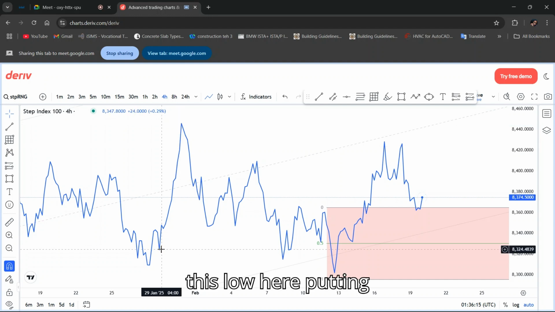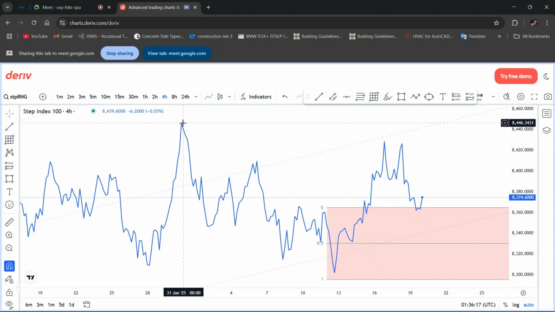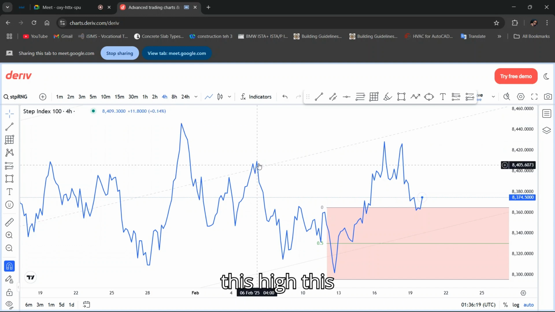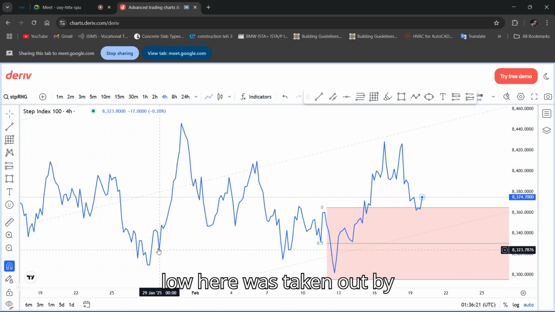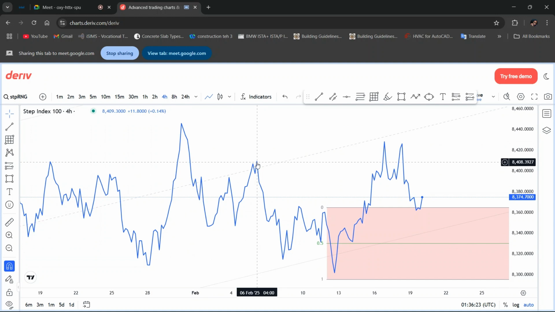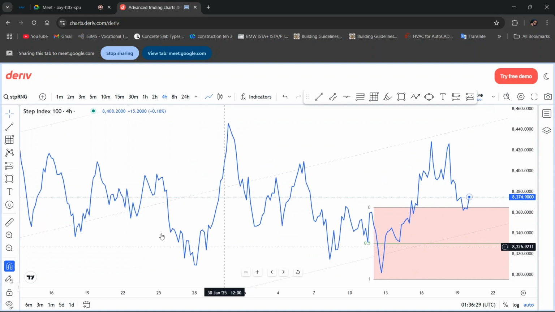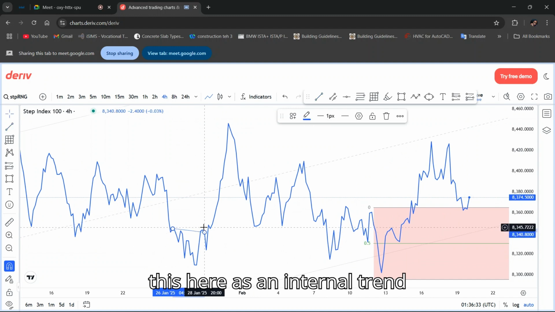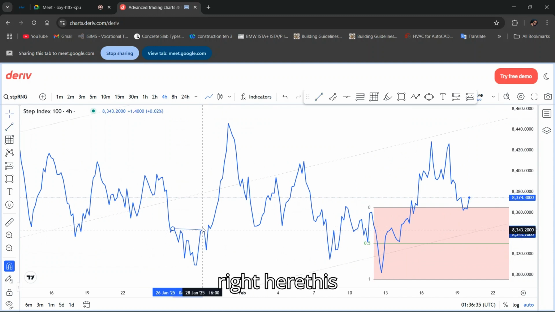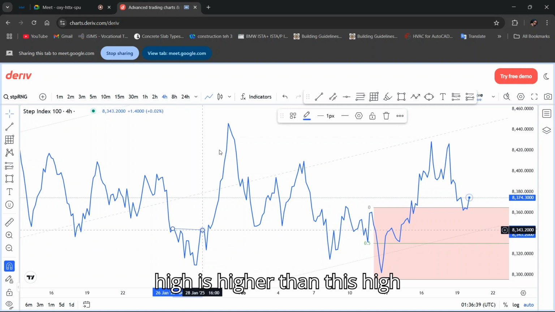This low here put in this high. This low here was taken out by this high. And why I say this low is because I am looking at this here as an internal trend. This high is higher than this high.